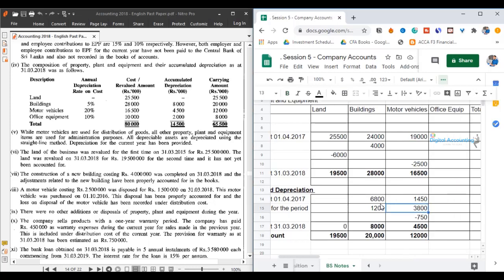So we will move to additional information number 9. There were no other additions or disposals of property, plant and equipment during the year. So what they are saying is the office equipment opening balance is 10,000. Since there are no additions or disposals in the office equipment, the closing balance of 10,000 should be the opening balance.